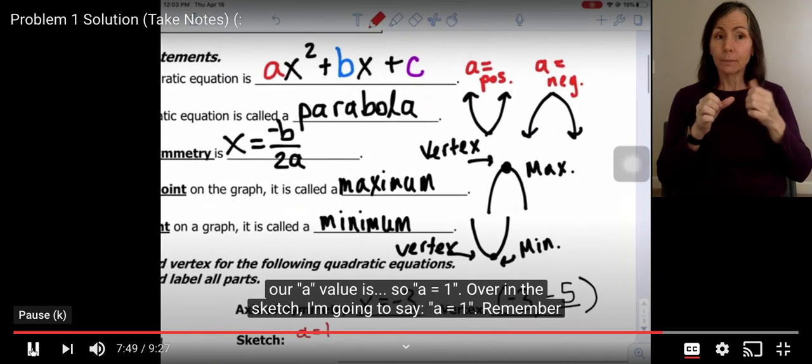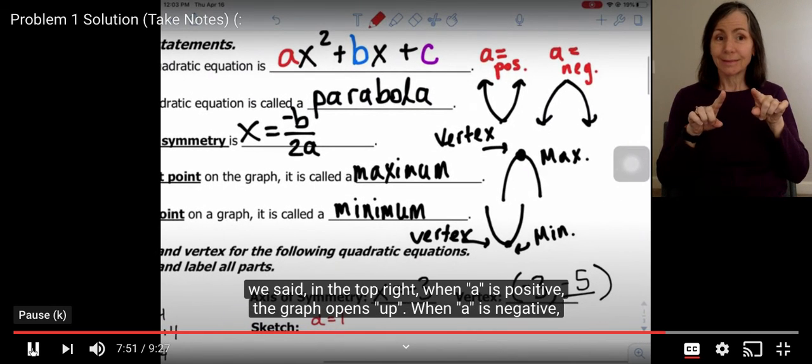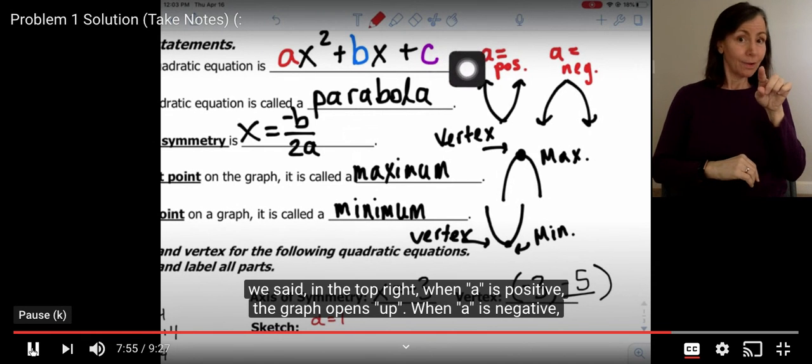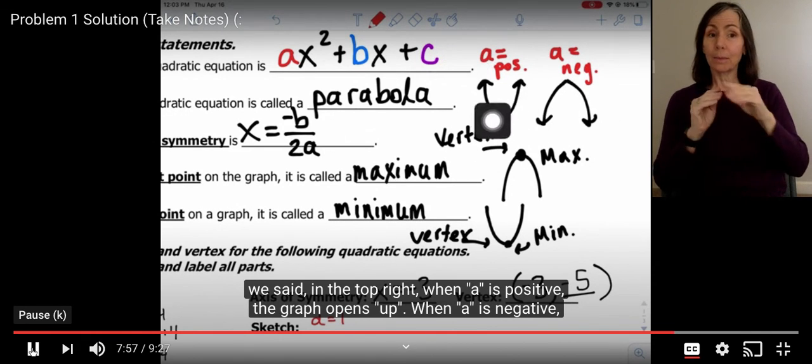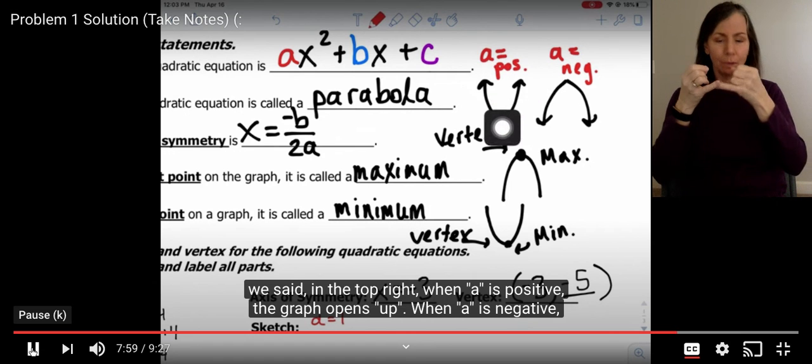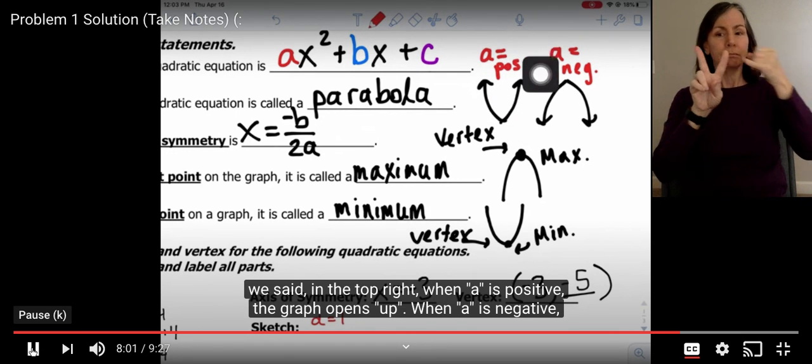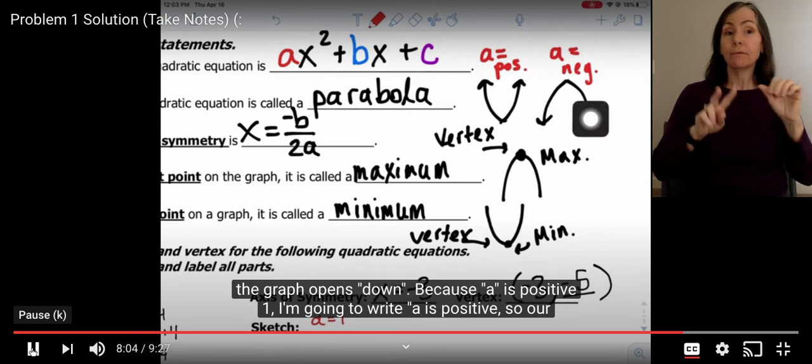Remember, we said in the top right, when a is positive, the graph opens up. When a is negative, the graph opens down.